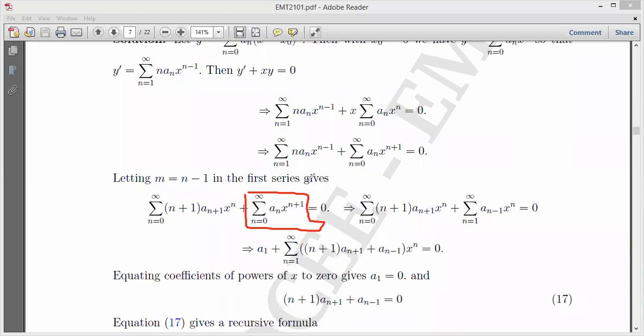It is because of this power here, which is n plus 1. We need to think about that. So how do we think about that? Then again, we say, if our m is n plus 1, hopefully you are with me.